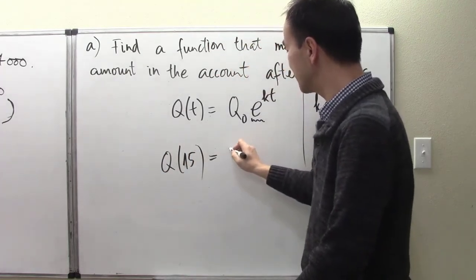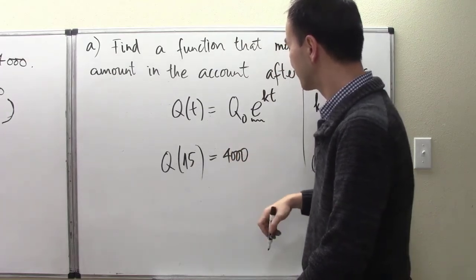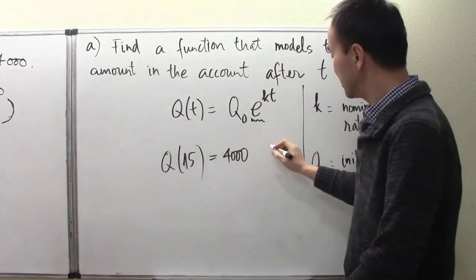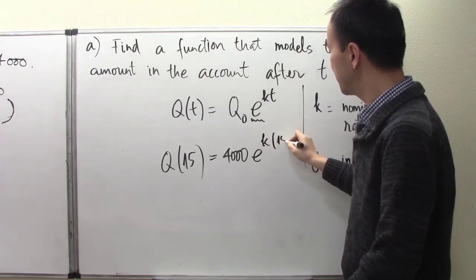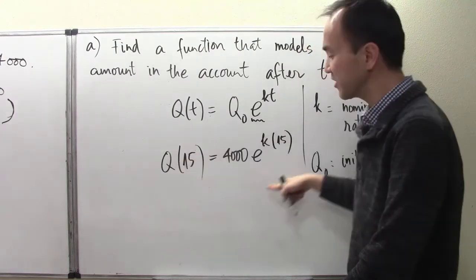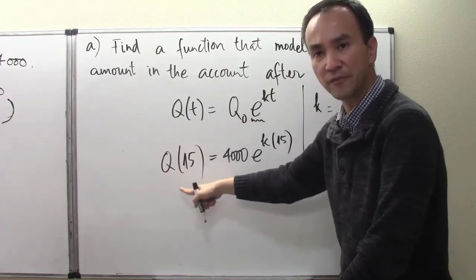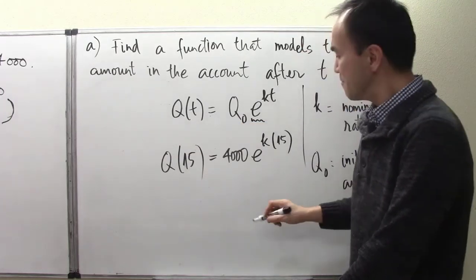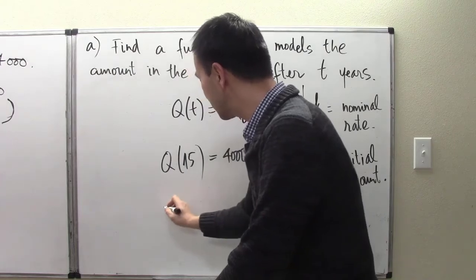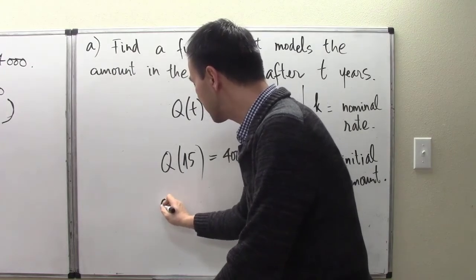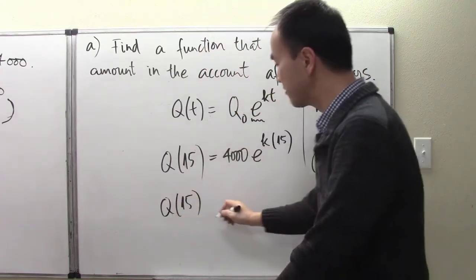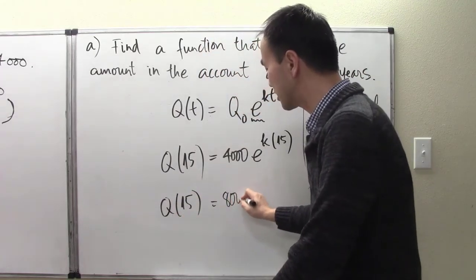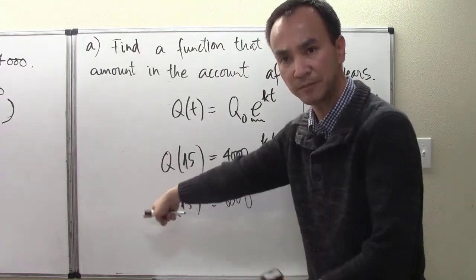That equals 4,000 as our initial amount times e to the k times 15. This is how I'm expressing the future value in 15 years. On the other hand, we already knew that in 15 years, Q of 15 equals 8,000, because the money grows to 8,000 in 15 years.